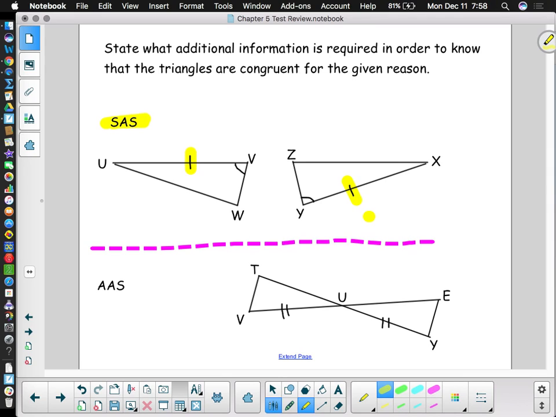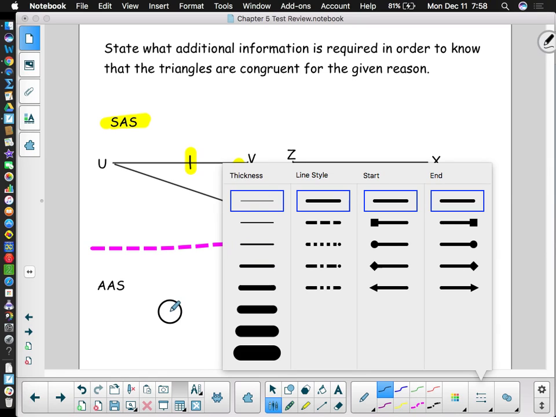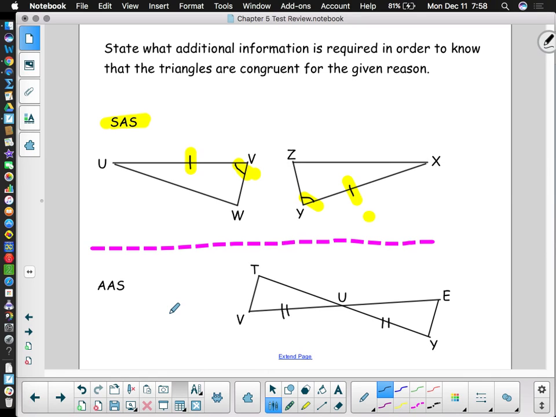Here's my side. Here's my angle. What am I missing? I'm missing a side. Which side is the question? VW has to be congruent to ZY. There's the statement we need. Okay?